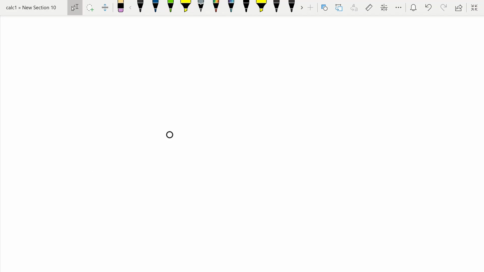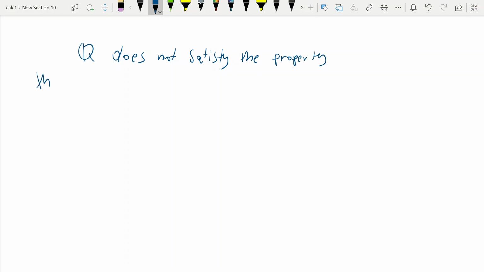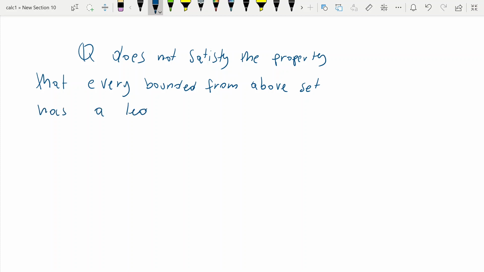Okay, now let's proceed and try to motivate our discussion by proving that Q does not satisfy the property that every set bounded from above has a least upper bound.